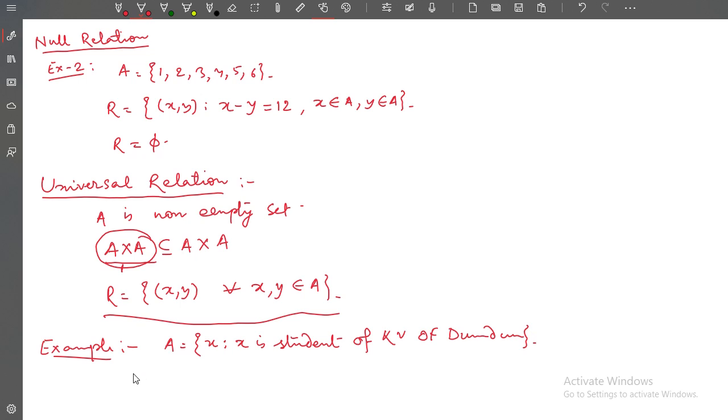Now we are defining a relation R on the set A, (x, y), such that the difference of height of x and y is less than or equal to 5 meter.